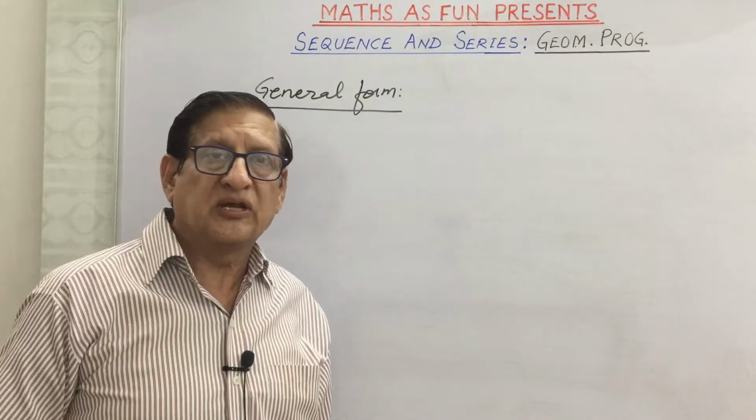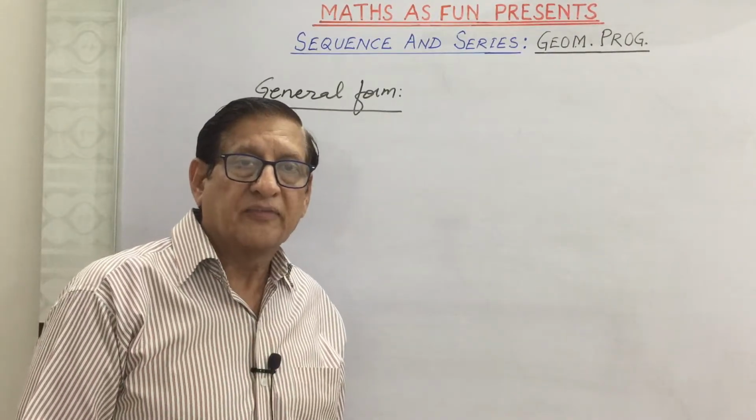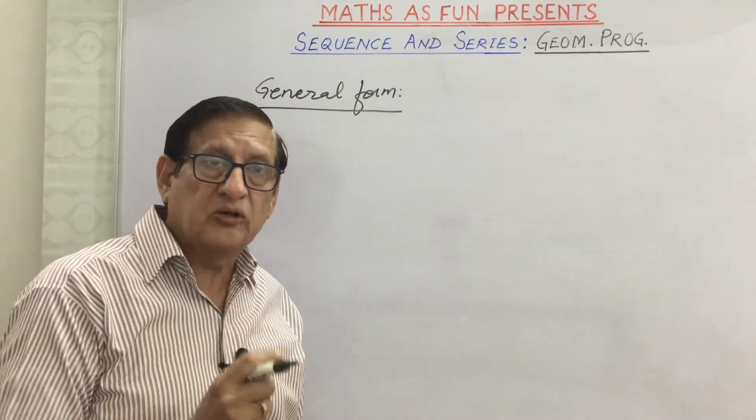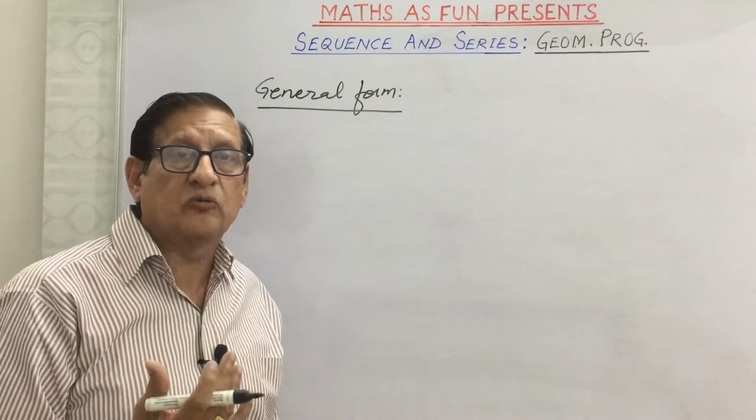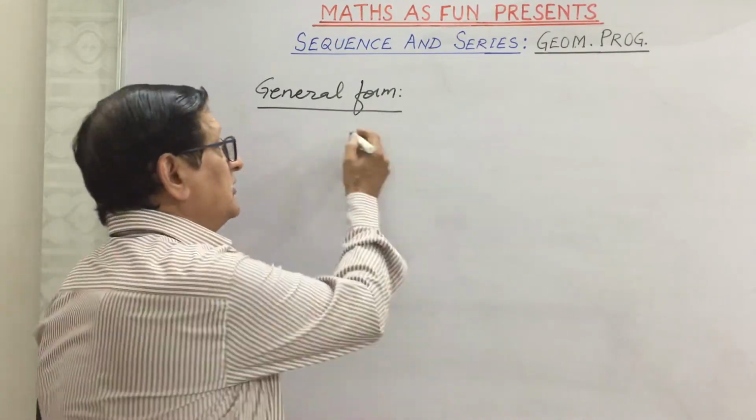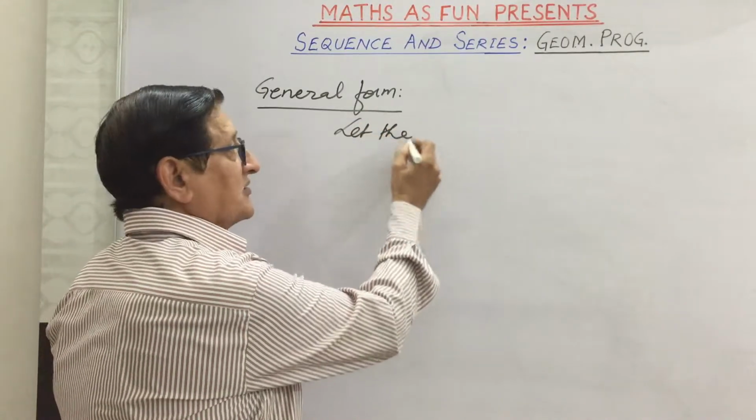After learning about the definition of GP, we will talk about the general form of a GP. We know that the first term of every sequence generally we represent by small a. So here also we represent the first term as a.